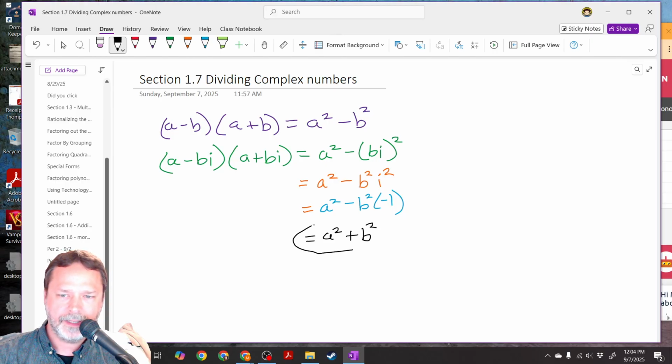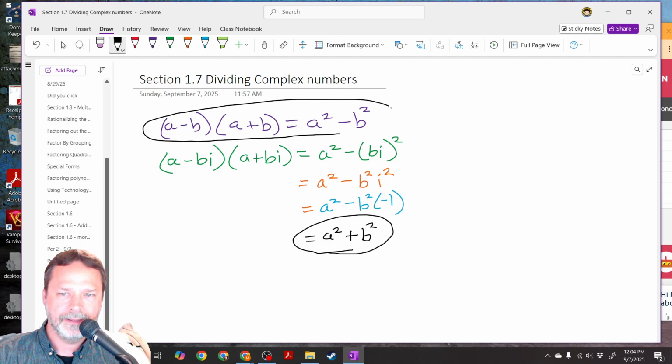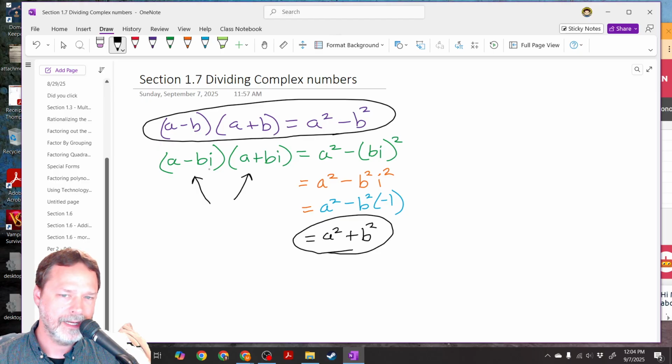Ooh. Okay, so this might be information you didn't need. This one is the one you absolutely need. It's conjugates. Remember, A minus B, A plus B, or for complex numbers, A minus BI and A plus BI. It's the same thing. Those are conjugates. Remember, we have defined these before. We've talked about these.